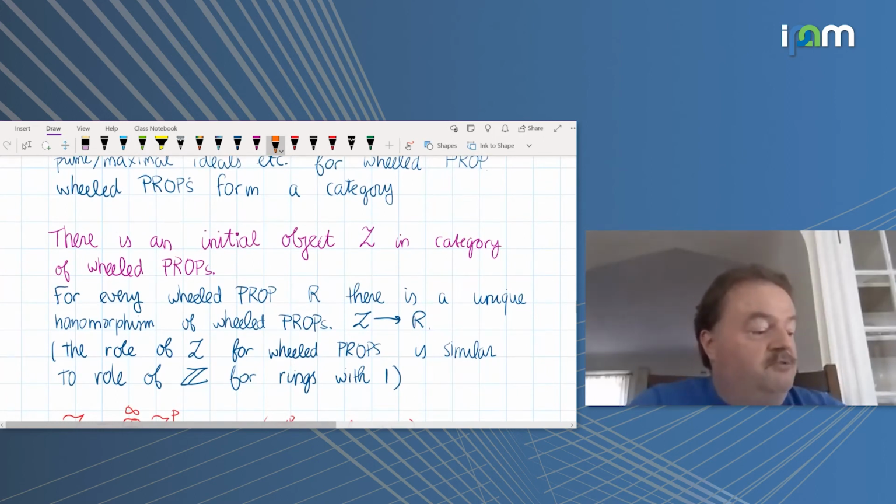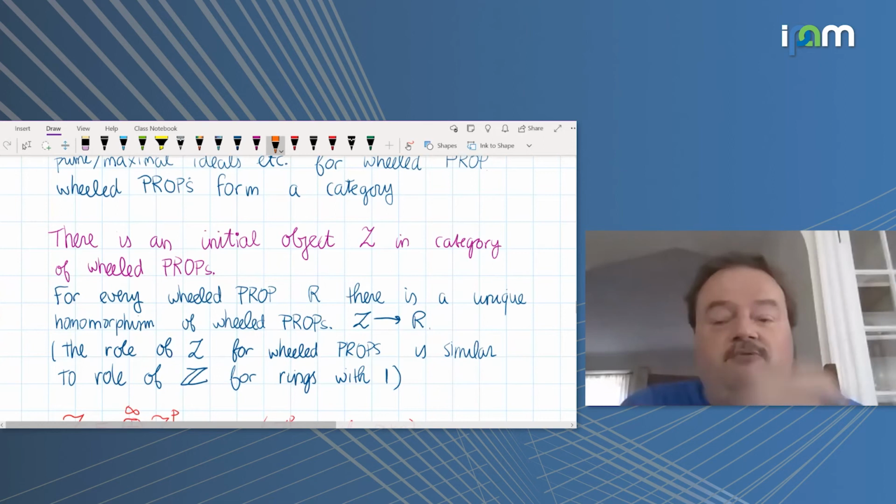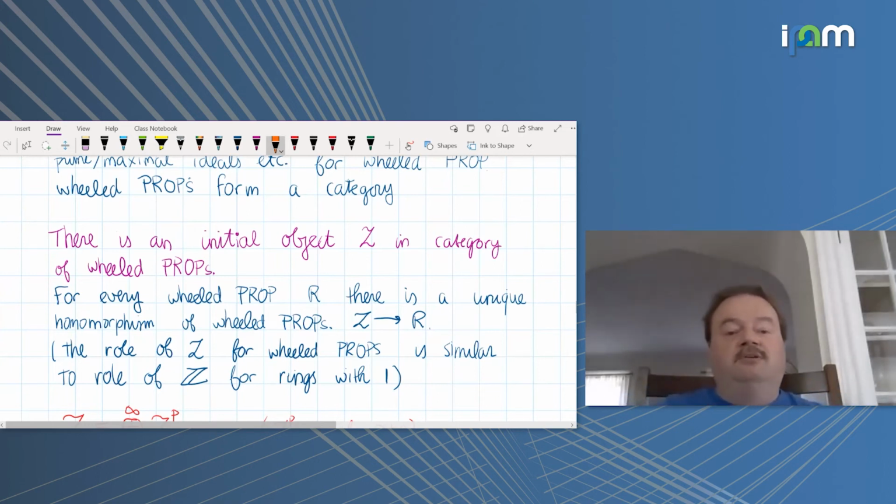So in this category of real props, there's an initial object. If you think of commutative rings with one, there's one commutative ring that maps to every other commutative ring, namely the integers, right? So the integers is an initial object in the category of commutative rings with one.